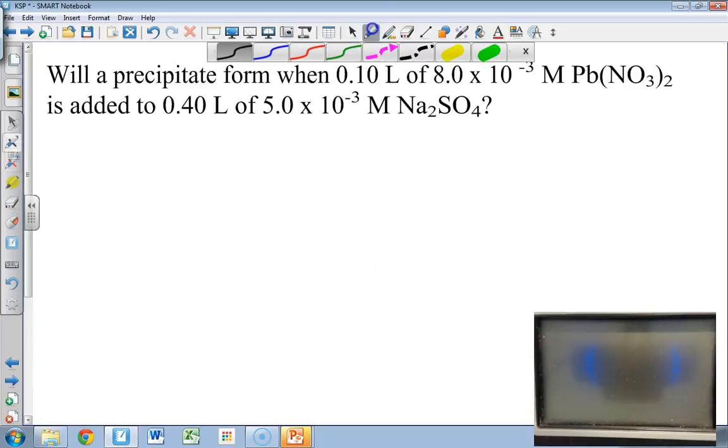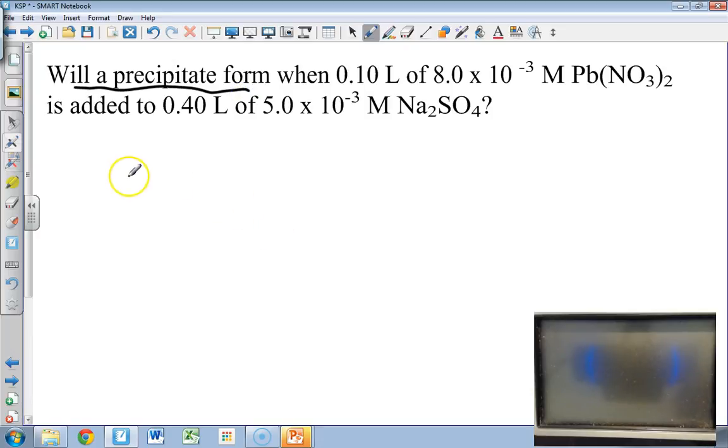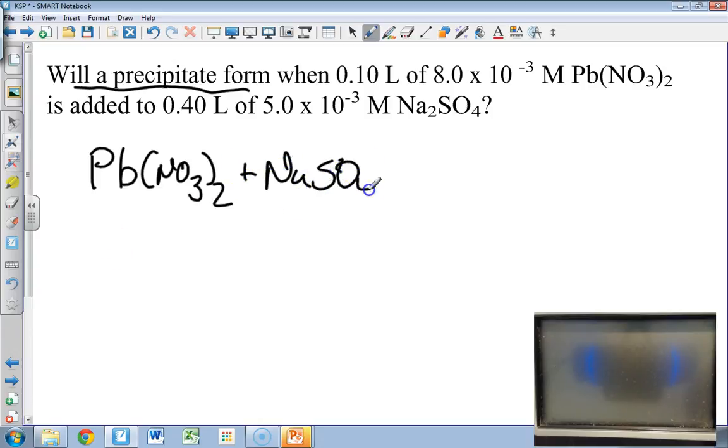So this is the last type of equilibrium problem we're going to get into, where we're going to try to predict whether a precipitate is going to form. Okay, so when we mix PbNO3, lead nitrate, with sodium sulfate, Na2SO4, both of these are soluble, and when we mix this in the lab, we would actually see a reaction where we're going to form an actual solid.